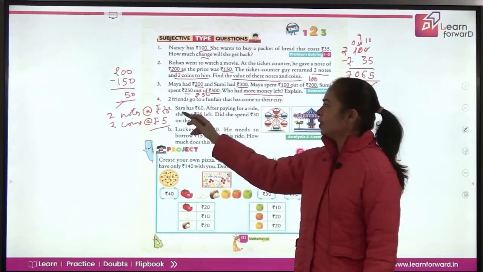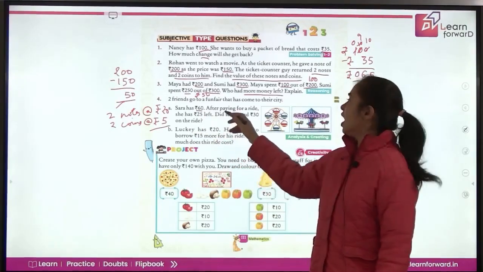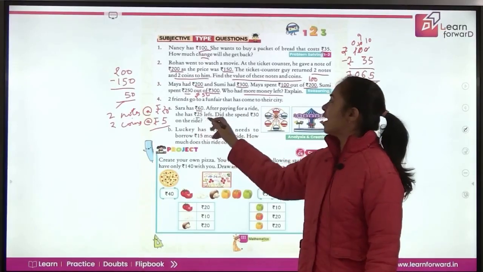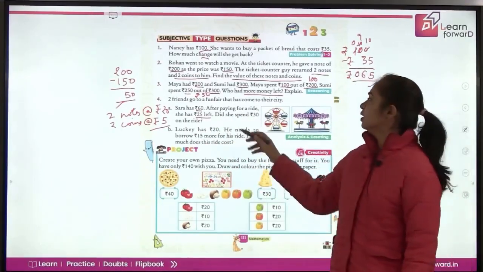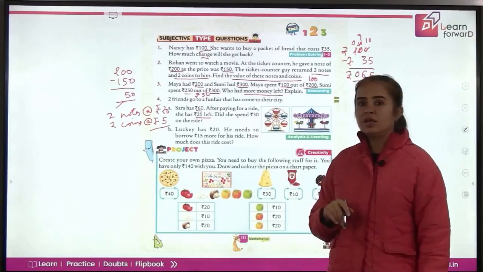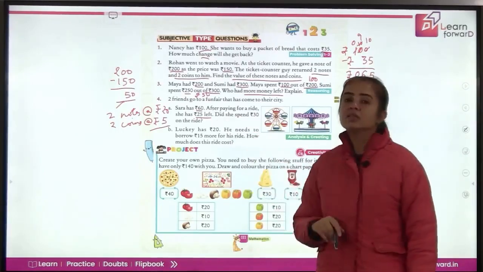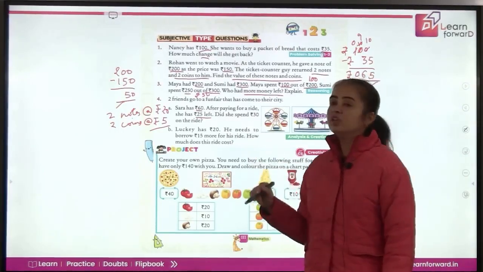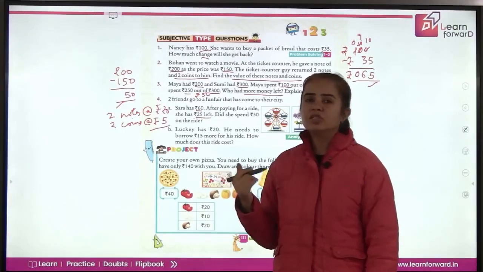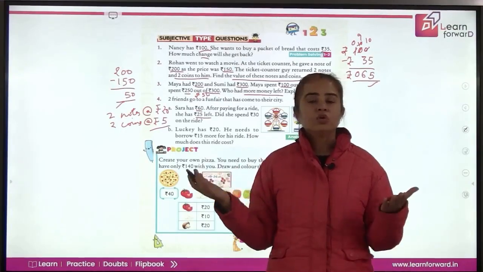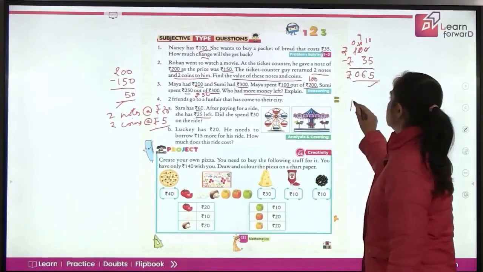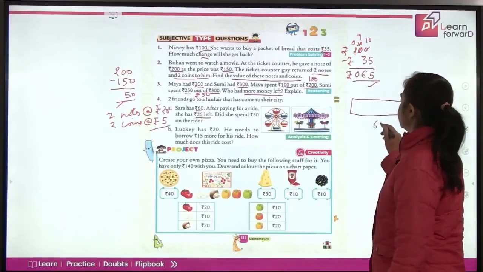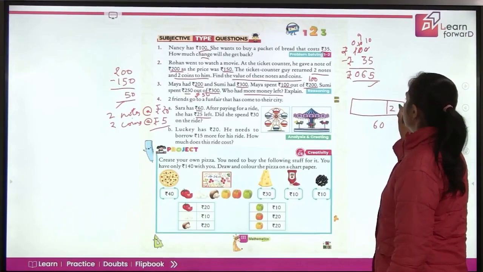Okay. Now, Sarah has rupees 60. After paying for a ride, she has rupees 25 left. Did she spend rupees 30 on the ride? How much money was there? 60. So, she is left with 25 rupees. What do you think? How much did she spend? See, she had 60 rupees and now she is left with 25.